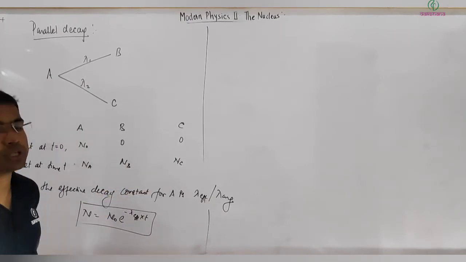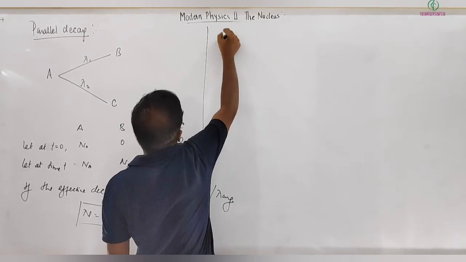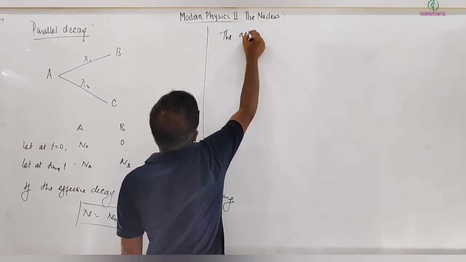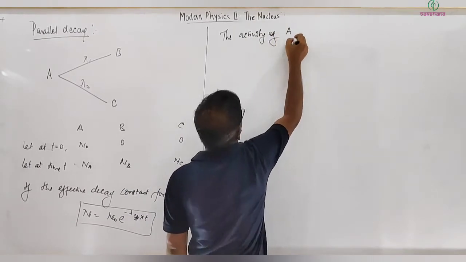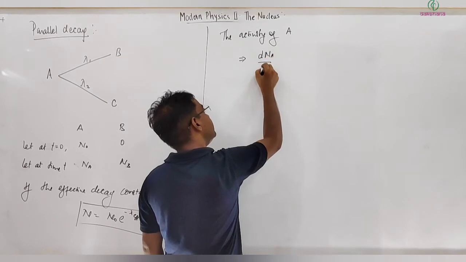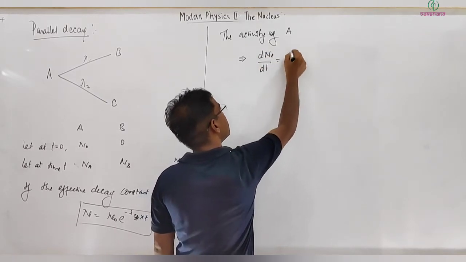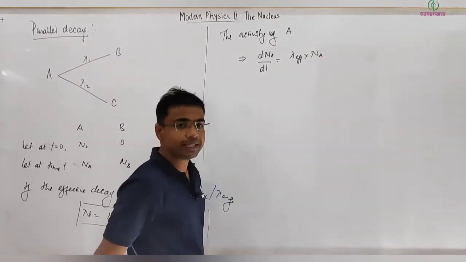This is the situation. Now I can write the activity of A, dNA by dt, which will be lambda effective multiplied by Na, at this rate.